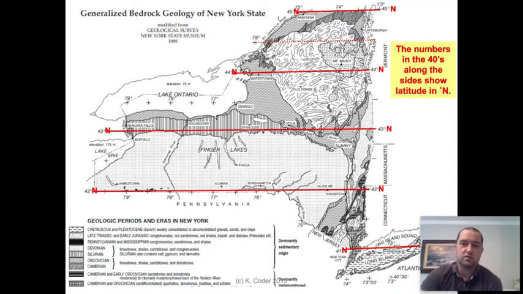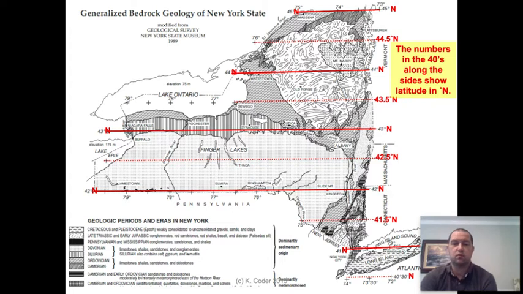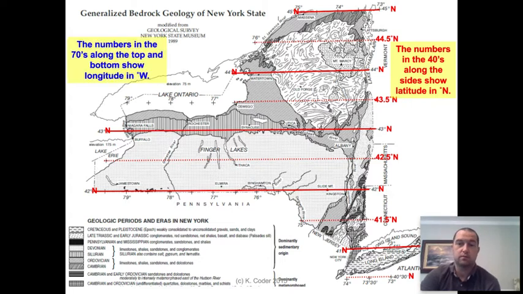When we look at the halfway marks, the little dash lines show we're at 44.5 degrees north, 43.5 degrees north, 42.5 degrees north, 41.5 degrees north, and at the very bottom below Long Island, 40.5 degrees north. Our lines of longitude are in the 70s.